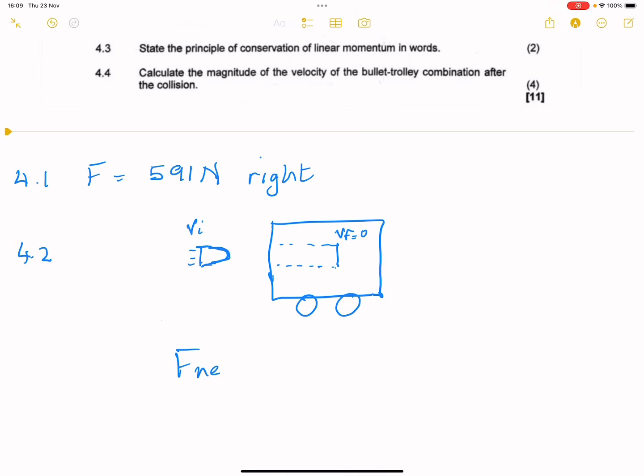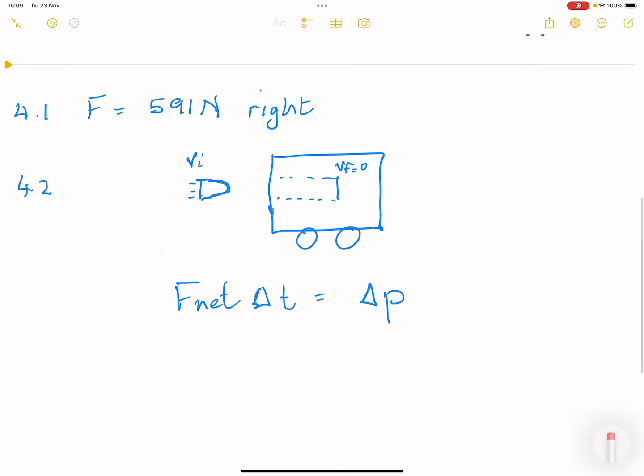We wanted to find the velocity of the bullet, so remember the impulse-momentum equation: F net delta t is equal to the change in momentum. We know the net force was 591, it took 0.02 seconds to stop within the trolley, and the mass of the bullet is 0.03.